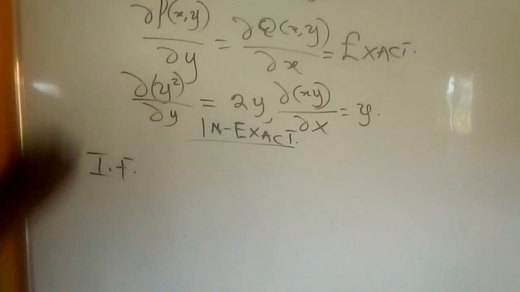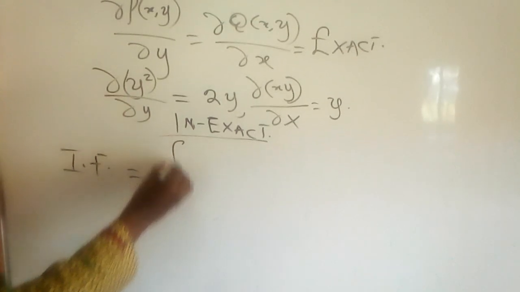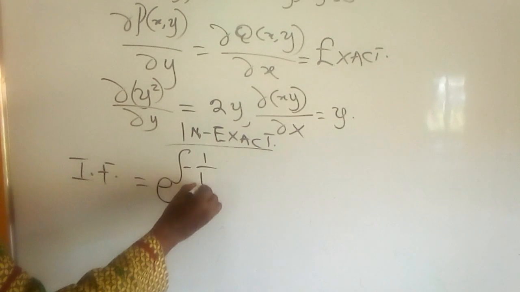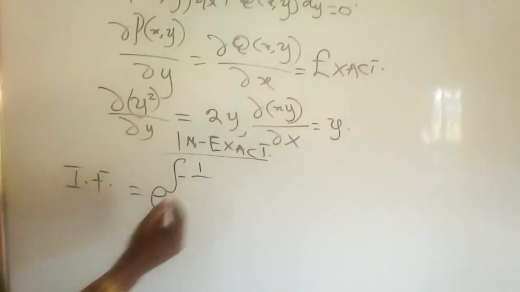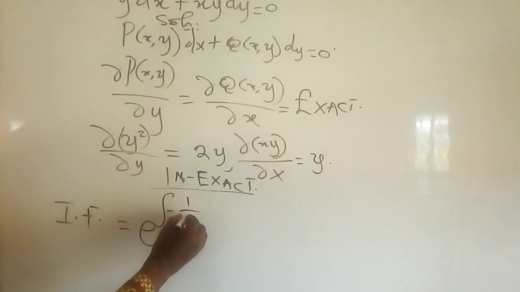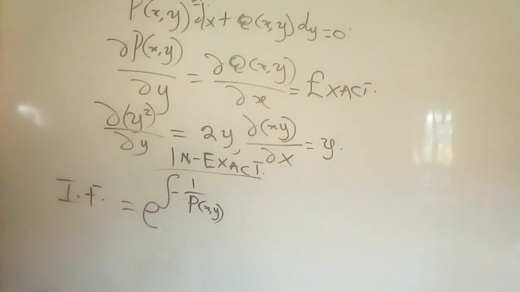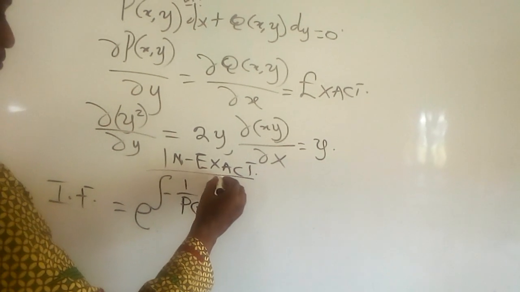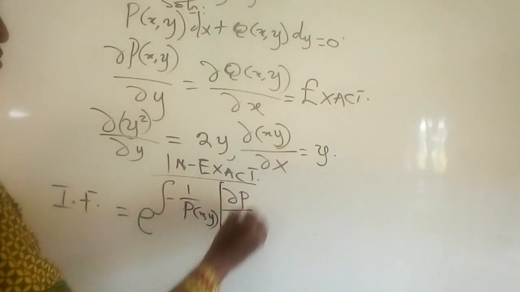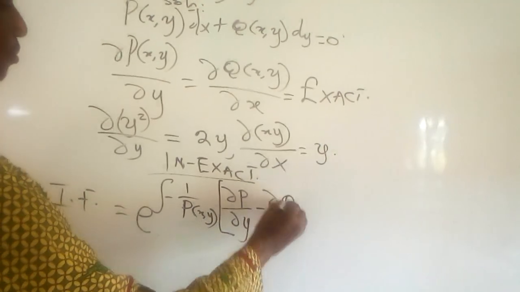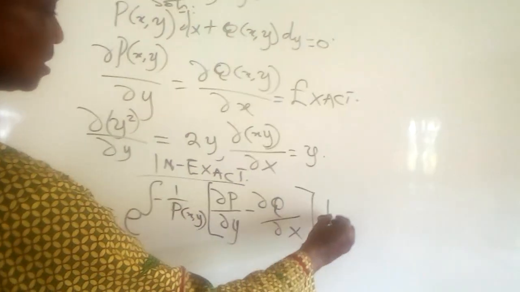The integrating factor is equal to exponential integral of minus reciprocal of p, function of x comma y, into partial p partial y minus partial q partial x, close differential y.